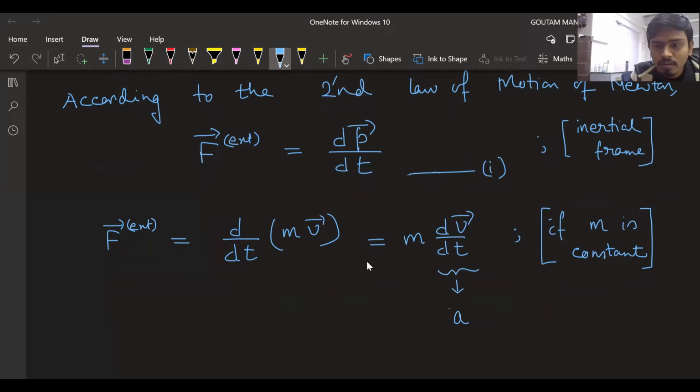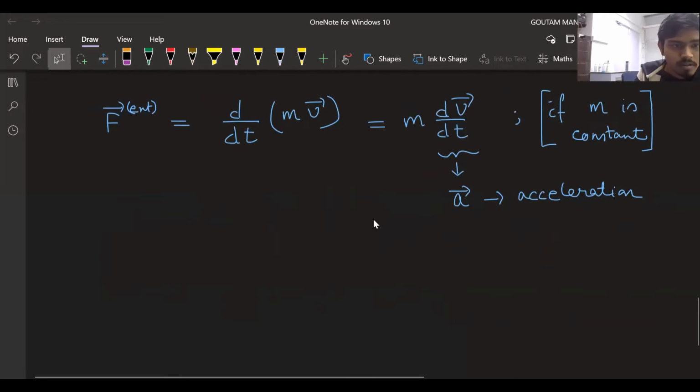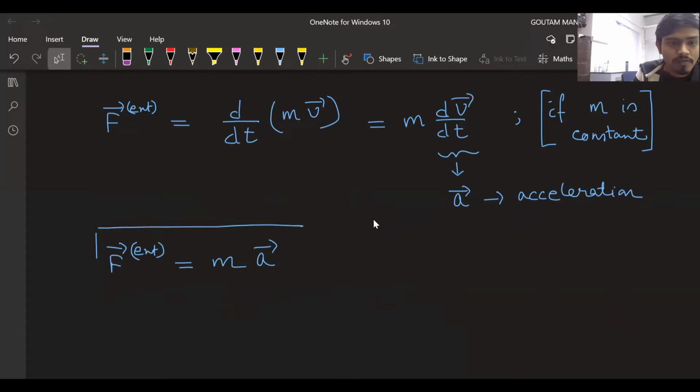This is called the acceleration. So F external is equal to mass times acceleration, F equal to ma.